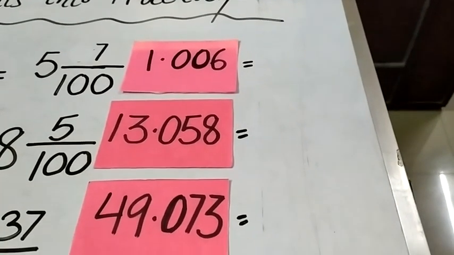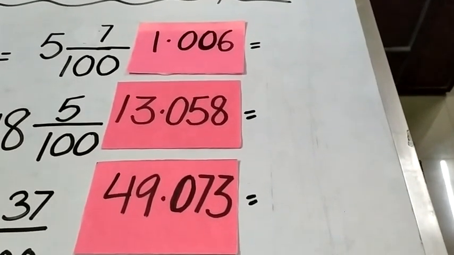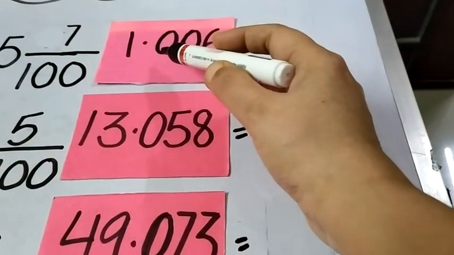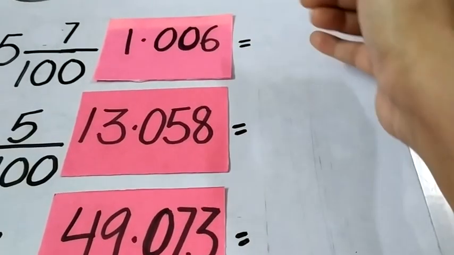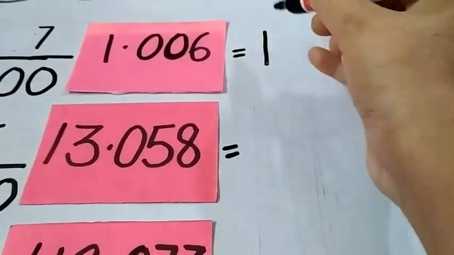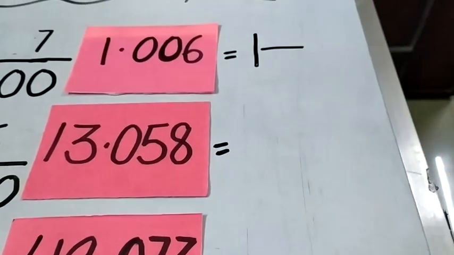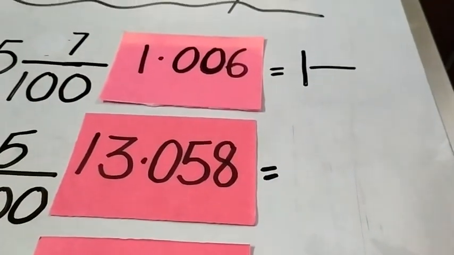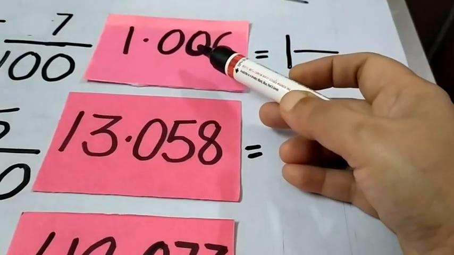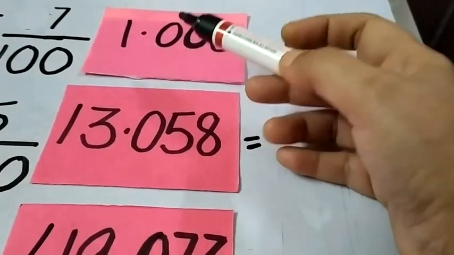Now look at these numbers. Here the first one. My whole number is 1. 1.006. So whole number is 1. So I'll write it 1. Decimal, when decimal comes, it means I have to start writing the fraction. Now as I told you earlier, there are 2 zeros in the beginning immediately after the decimal. So we will not write them.